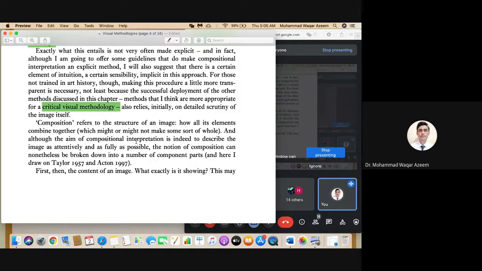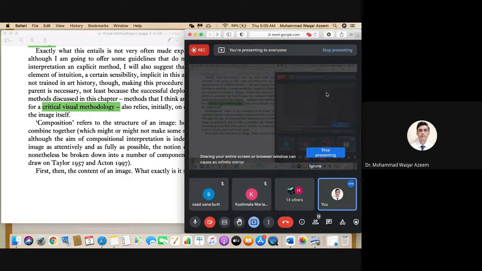So Gillian is saying that compositional interpretation is a method that we can use to analyze an image. So what do you get from the word composition over here? This is my question to you all. Hello students, are you there? What are your comments or thoughts?